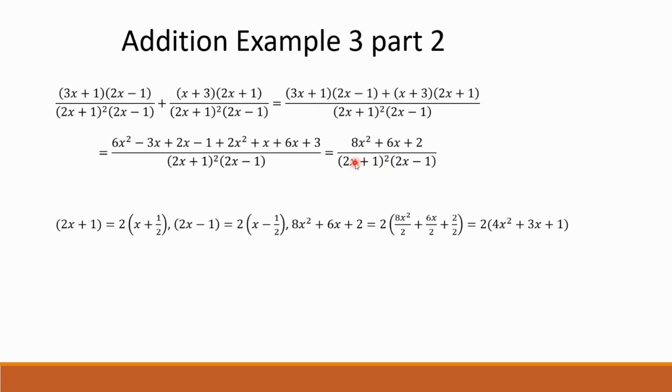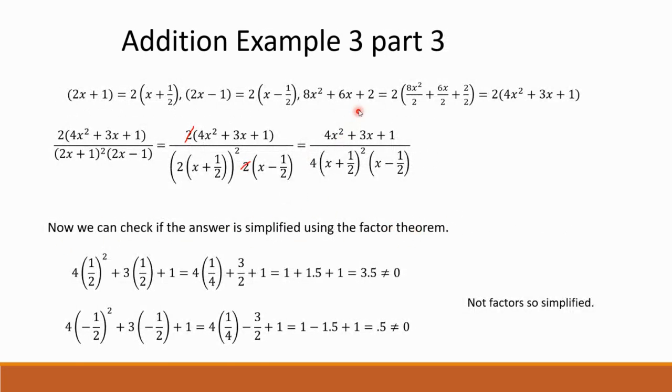So let's take out a common factor of 2. From the bottom, I'm going to factor it as 2 times x plus a half, and here 2 times x minus a half. Notice also on the top, we can factor out 2. I'm just trying to make it easier.